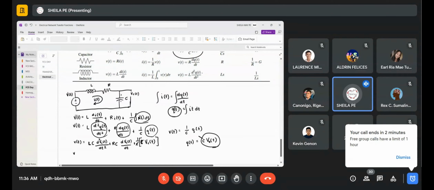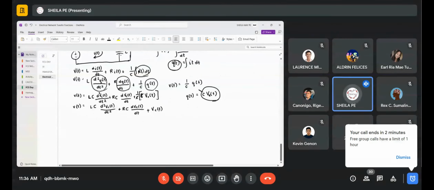Let me write it again: LC d squared VC of t over dt squared plus RC dVC(t) over dt plus VC of t. VC of t is left alone because its coefficient was 1 over C, multiplied by C, so that's 1. They are all in voltage form.